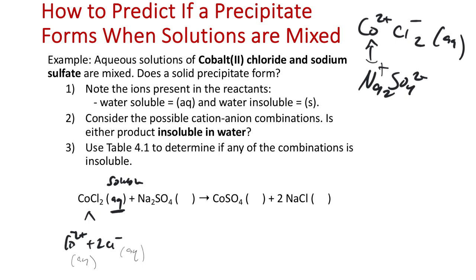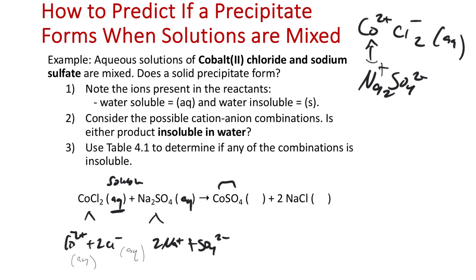And the same thing with sodium sulfate, those are water soluble. And so we'd have AQ here as well. So we'd have that really being 2Na+ and SO4 2-. And then when I think of swapping the cations around and I get cobalt sulfate, the question becomes, is that water soluble or insoluble? So we have to maybe go back to the solubility chart if you don't remember.